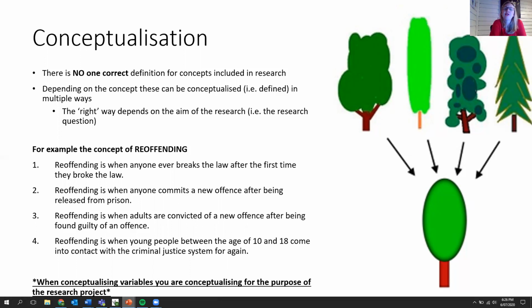So if I'm taking the variable reoffending, I need to explicitly state what that means when I'm doing a research study, because there's no one right way to do it. It's how I want to do it and how it's going to be expressed in my study.